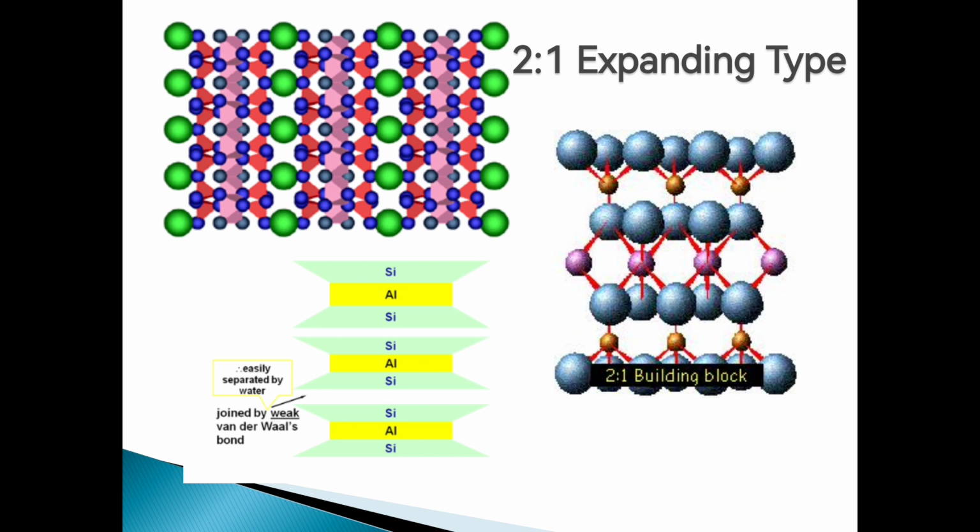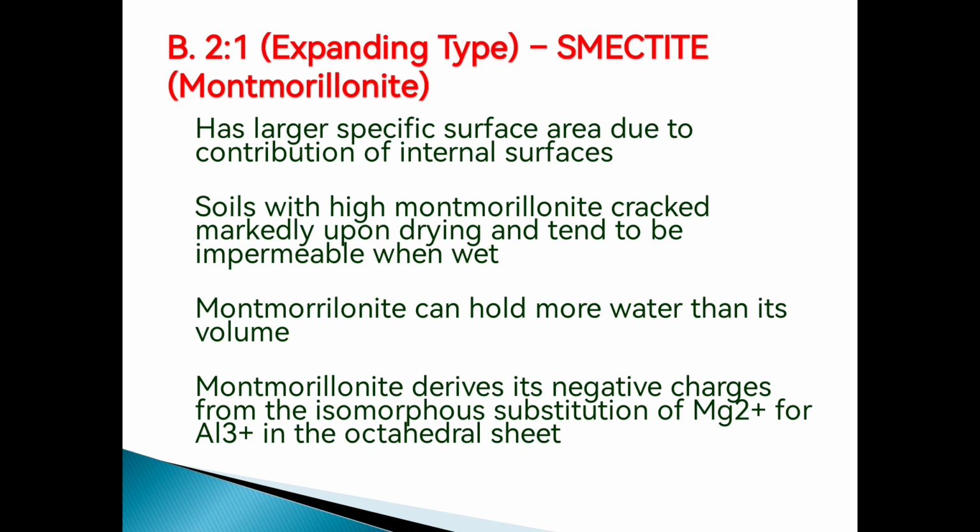And because of those water and cations coming in or going out, it has the tendency to expand and it's going to swell or shrink. It has larger specific surface area due to the contribution of internal surfaces. Soils with high montmorillonite crack markedly upon drying and tend to be impermeable when wet.